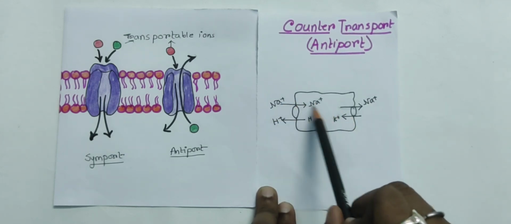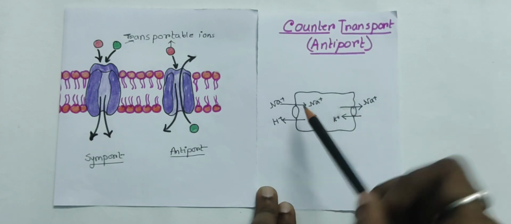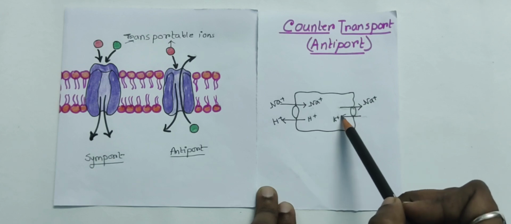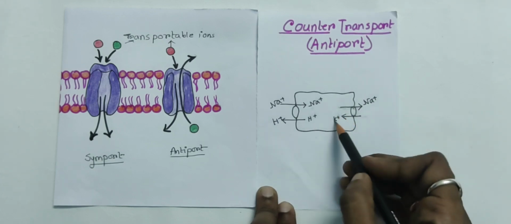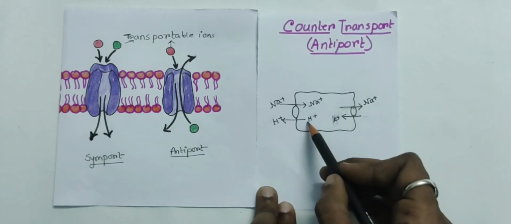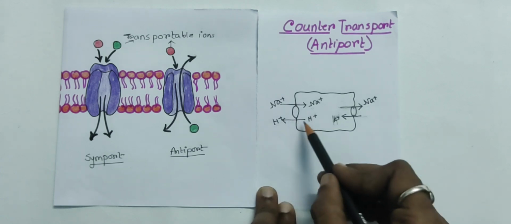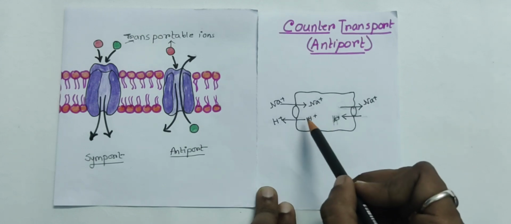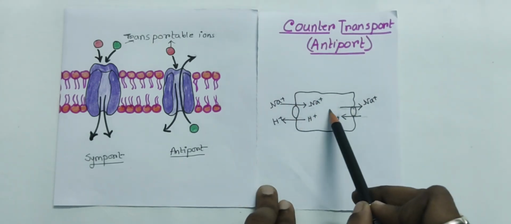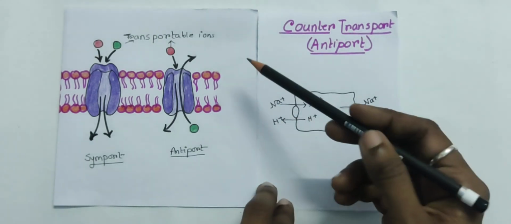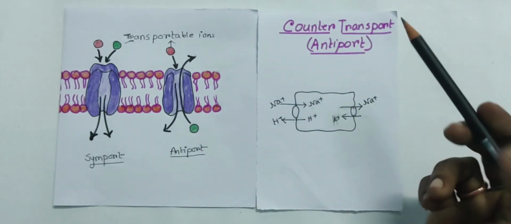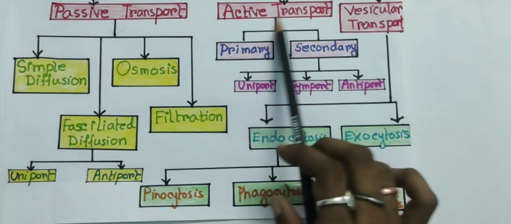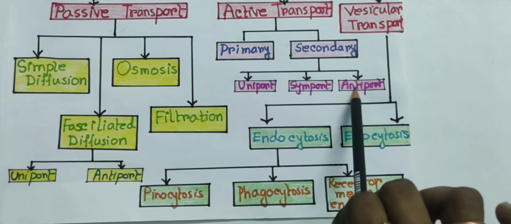So the energy utilization is indirect, and as it is an antiport, the potassium or hydrogen ion enters the cell, and that hydrogen ion is also thrown out by the cell in this way. So this is the antiport, where one molecule enters and the other goes out in the opposite direction. Now in this chart we have completed active transport: primary, secondary, symport, antiport.